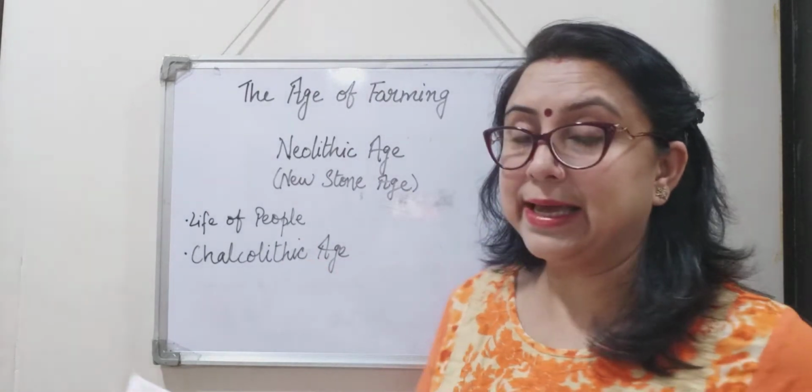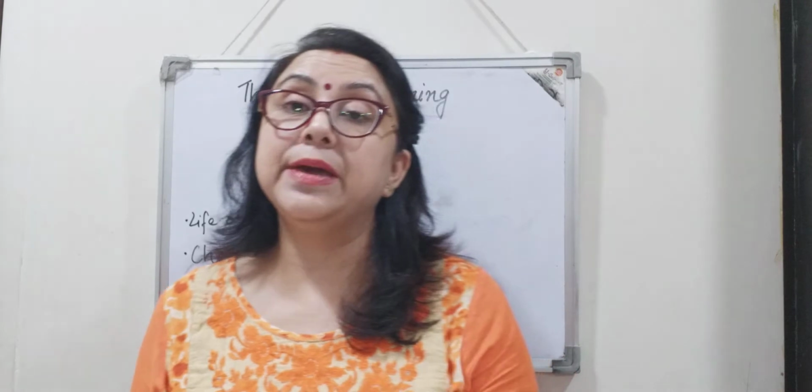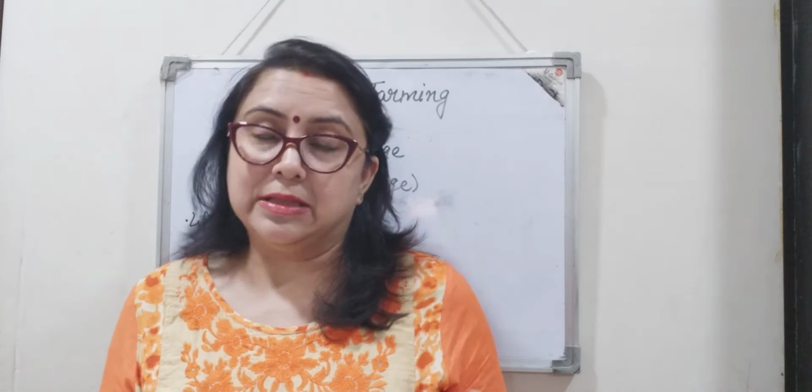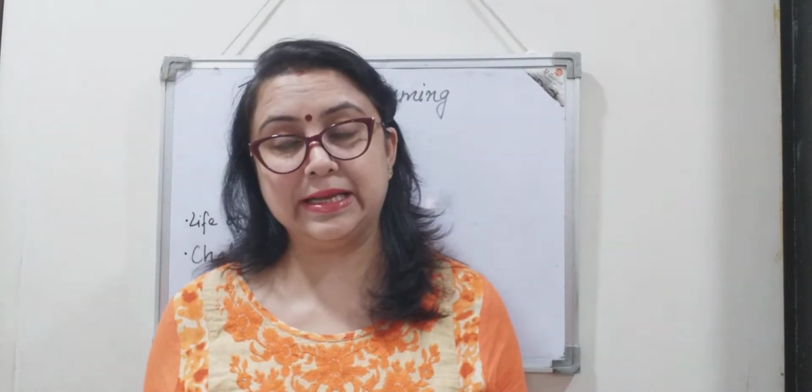Next, we move on to the Chalcolithic age. So gradually early humans began to use copper. They came to know about the metal copper, right? Obviously they used stone tools, but they started using copper as well, right?